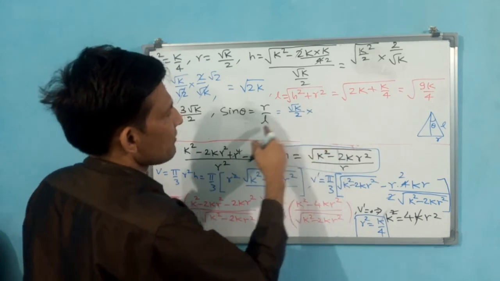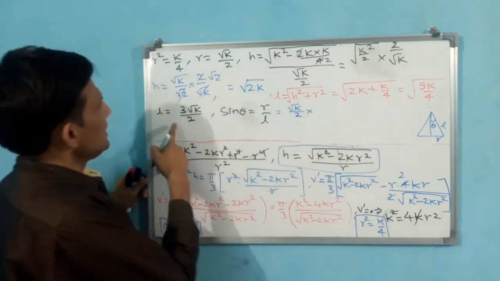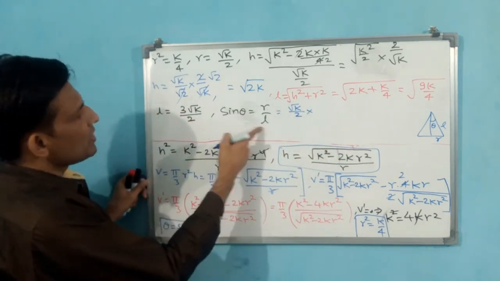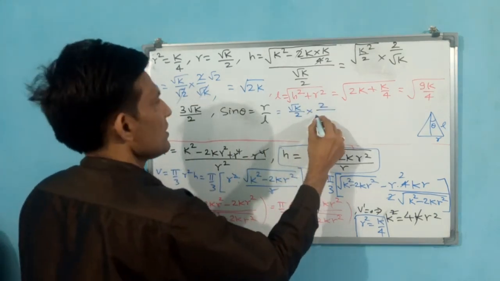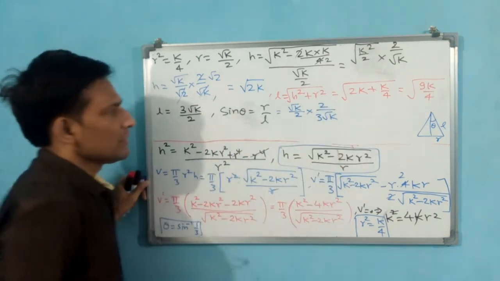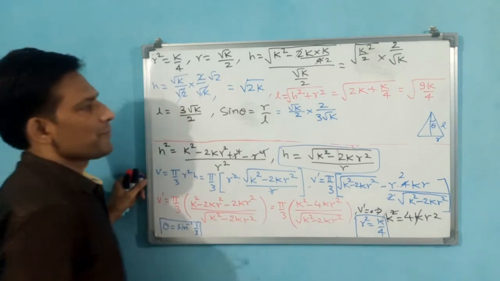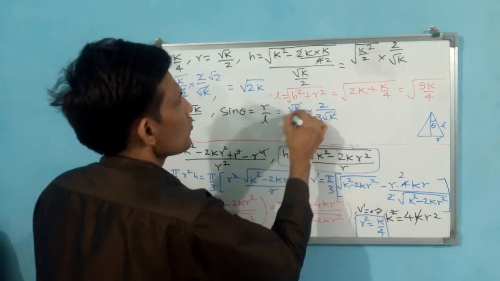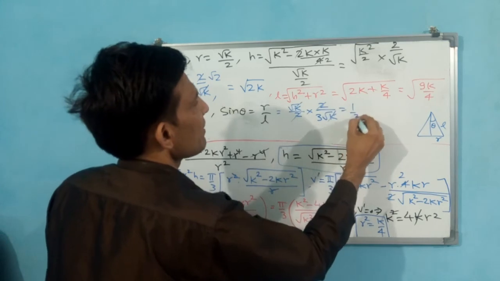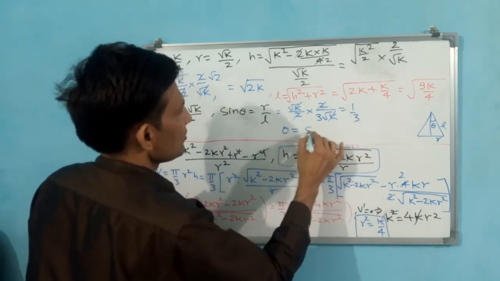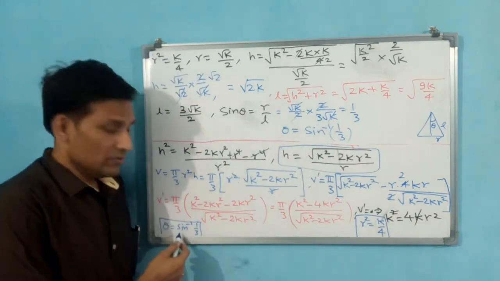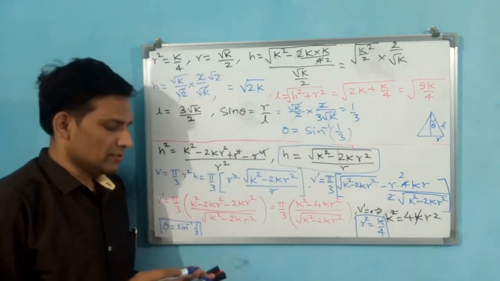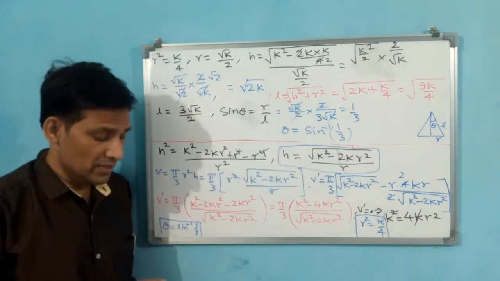Divided by L, I will write L in the denominator reversed: 2 by 3 root k. Is it okay? Root k and 2 get cancelled. 1 by 3. Theta is equal to sine inverse 1 by 3. This is what they asked us to prove. We have proved it.